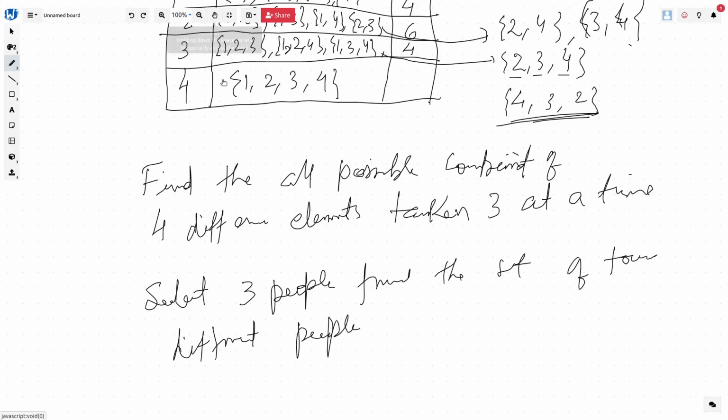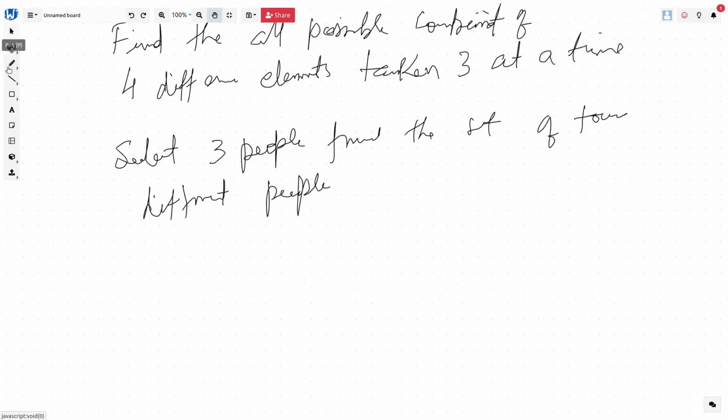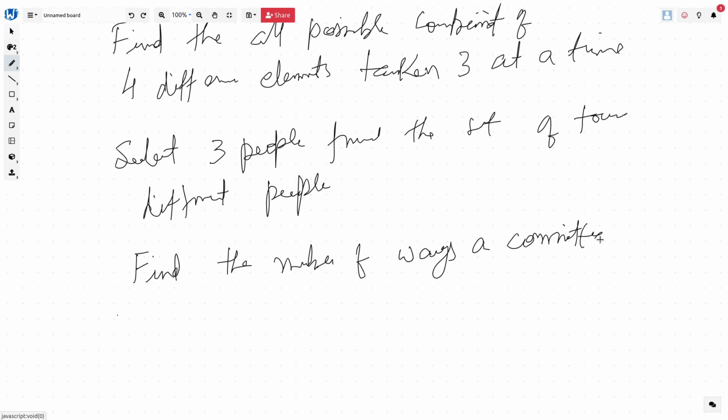Or in a similar way, another phrasing which is commonly used is: find the number of ways a committee of 3 people can be formed from 4 people.